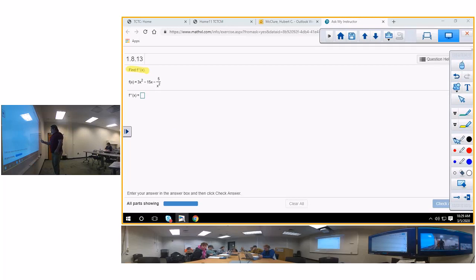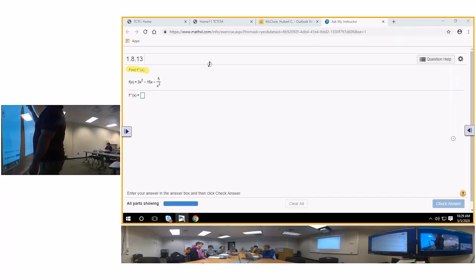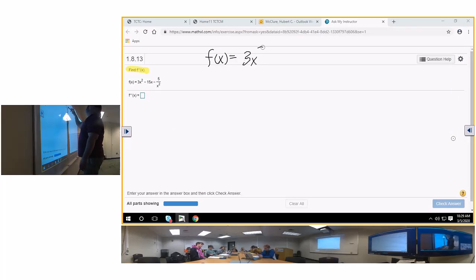The first derivative will give you the intercepts, the second derivative will give you the inflection points of your curve. So that's very important. So f of x is equal to 3x squared minus 15x minus 5x to the negative 2.